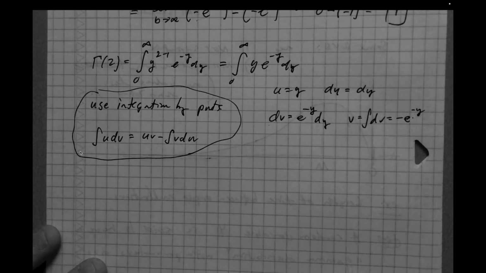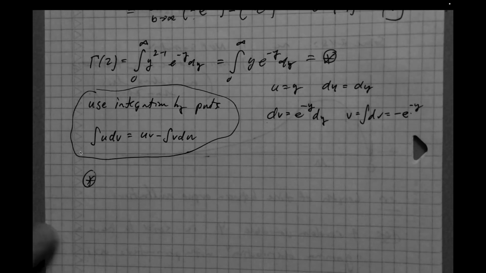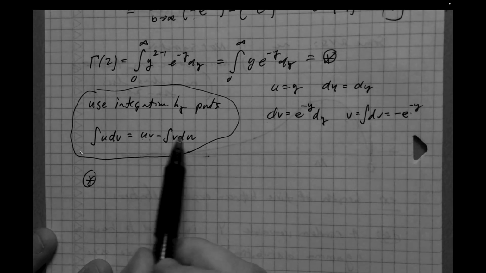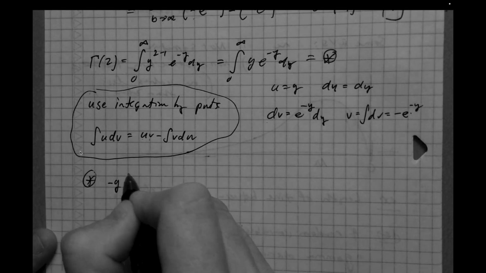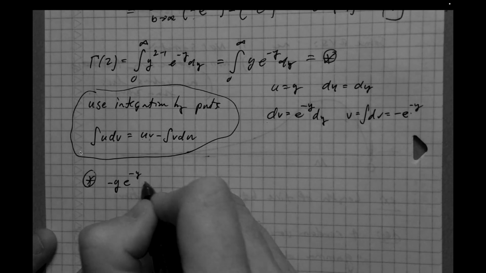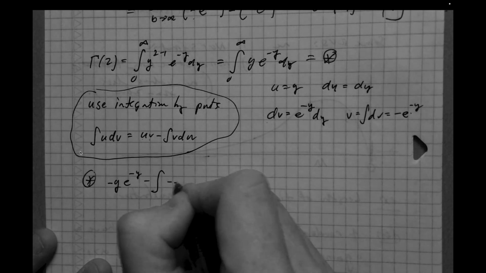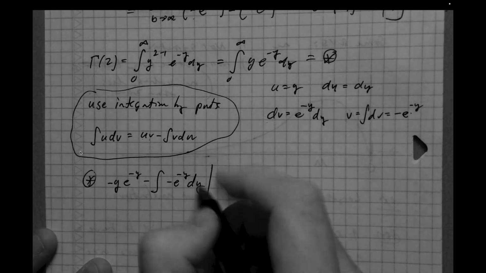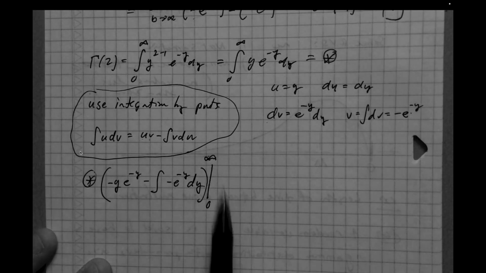Okay, so when we plug in, remember this is the form u times v minus the integral of v du. And so we get negative y e to the negative y minus the integral of negative e to the negative y dy. I'm writing it this way so we calculate this integral and then we'll evaluate it.